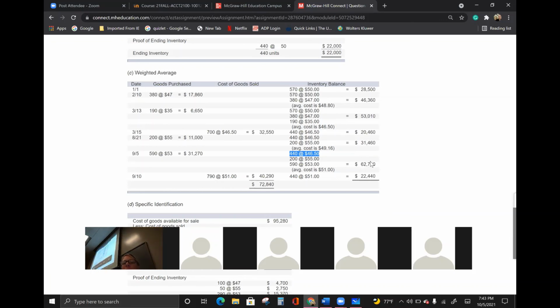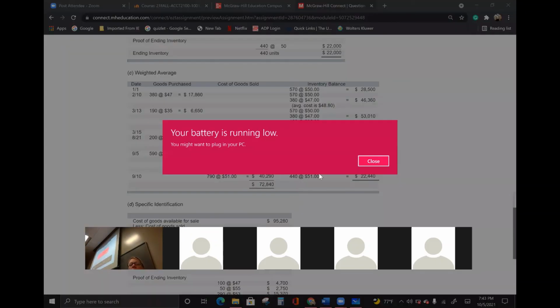So I want to take the total divided by the units to come up with my average, which is 51. So here's my new average. Next time I sell, that's what I'm using, the 51. And it's right here, 790 times 51 to get the 40,000. So then I add, hopefully I don't lose everybody.